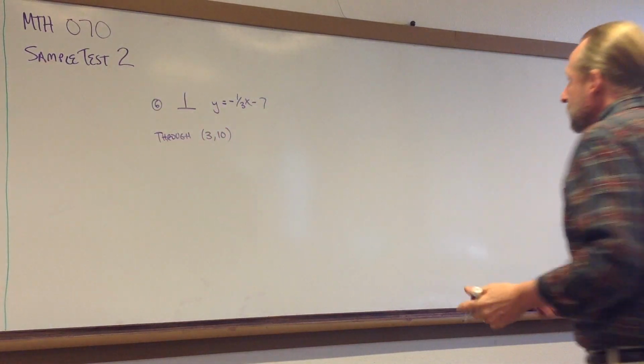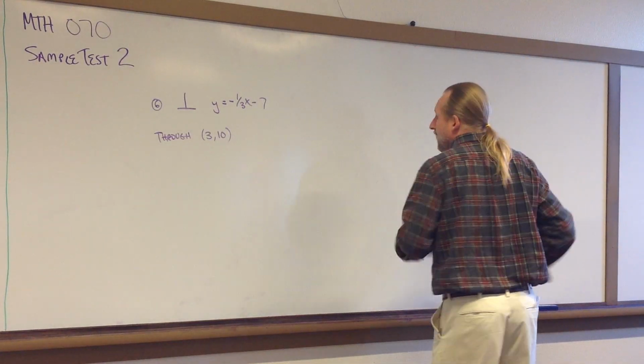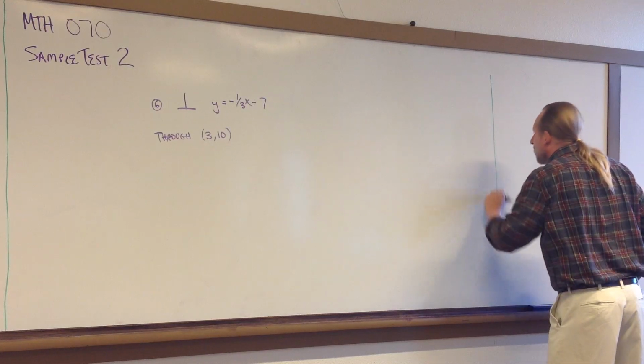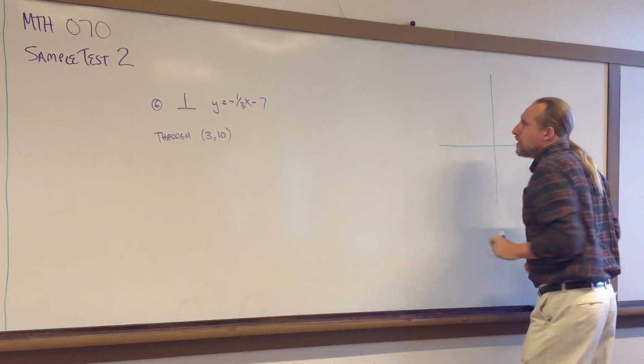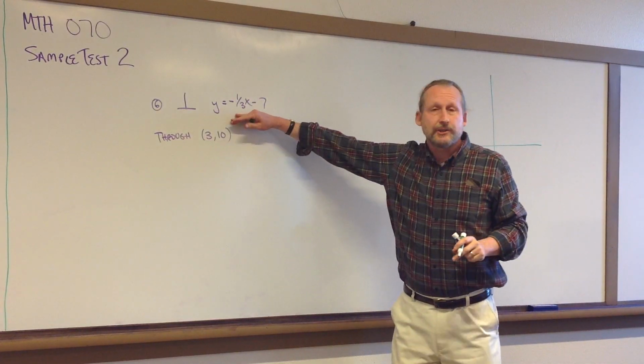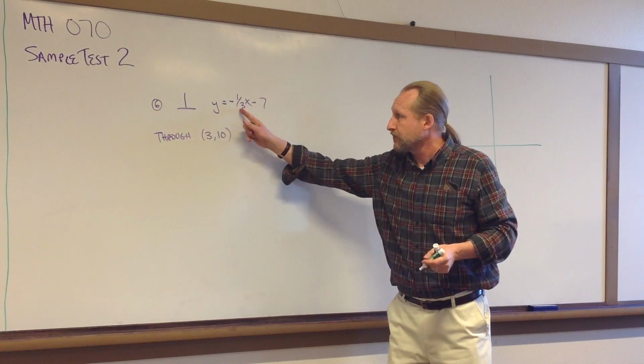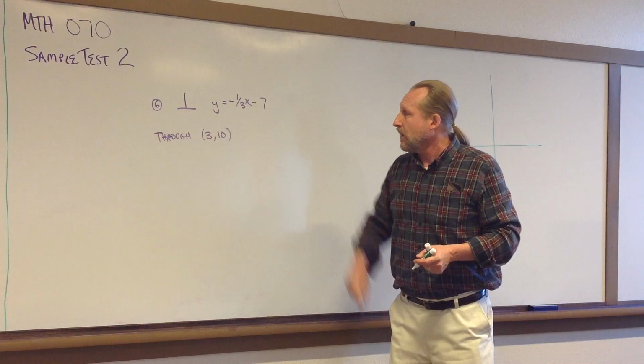So again, you don't have to draw any graphs or anything, but I'm going to draw a graph to remind us how these problems work. So this equation right here is slope-intercept form. We don't have to change it around or anything. The slope is right here, and there's the y-intercept.